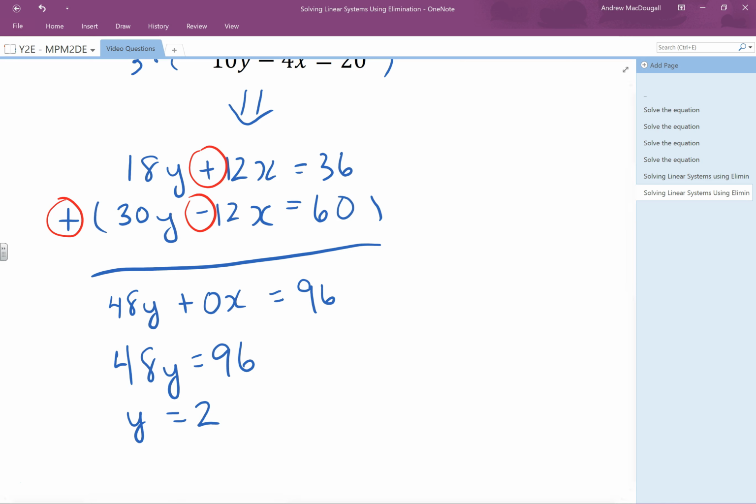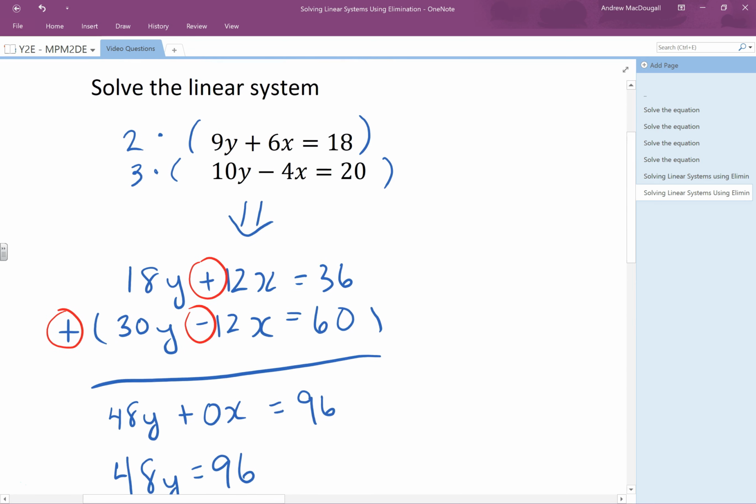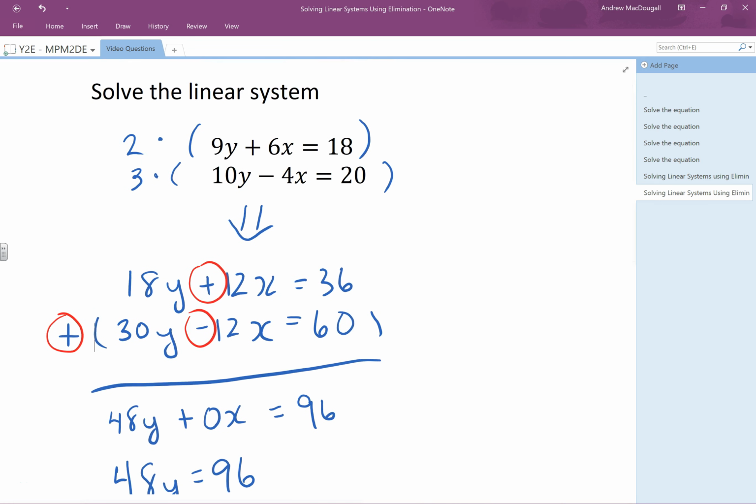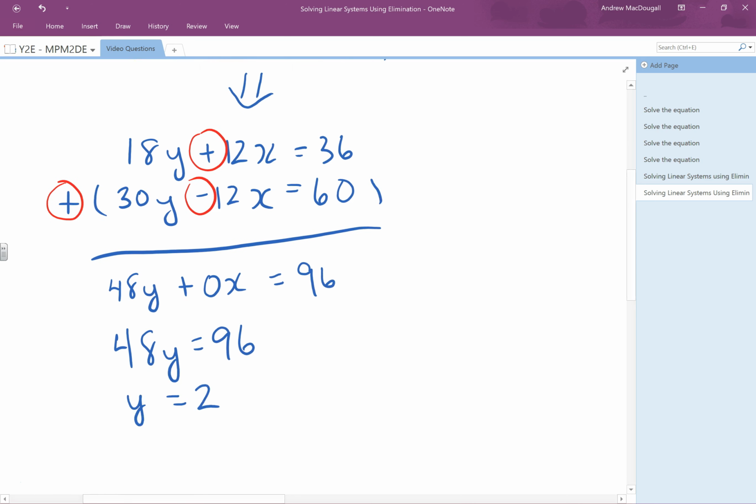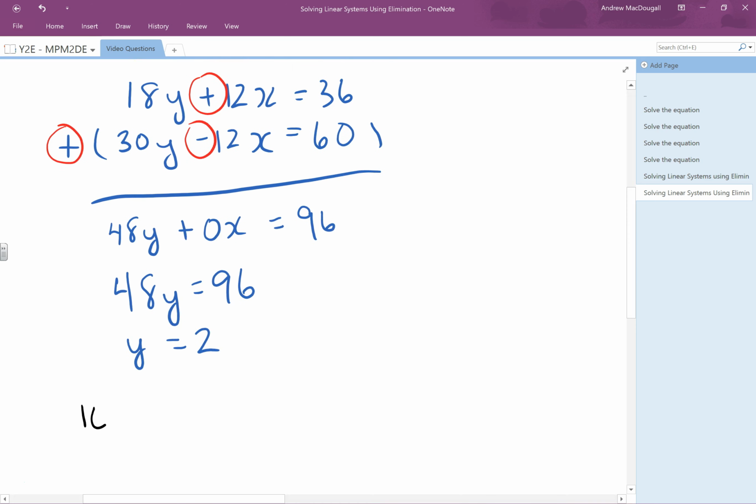Okay, so now that I have y equals 2, I know the y coordinate of the point of intersection of my two original lines is 2. I can find the x coordinate by plugging y equals 2 into either of the two original equations. Whichever one looks more manageable, I will do. I'm going to choose to plug it into the second. So 10y minus 4x equals 20.